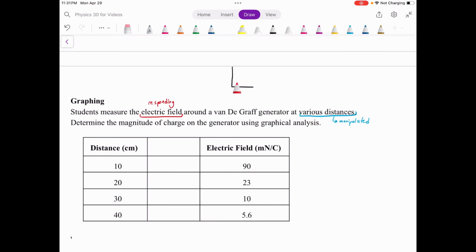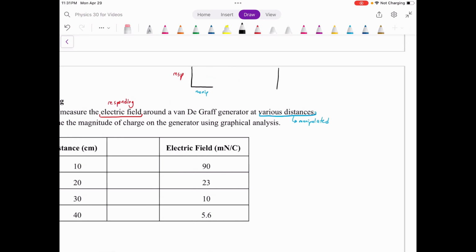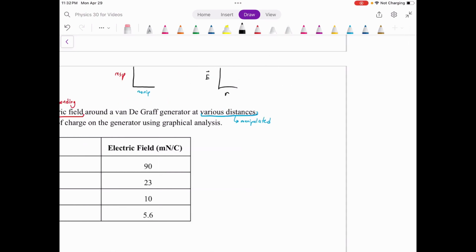Now we know when we're graphing, we should always put the responding variable, or something to do with it, on our y-axis, and we should always put the manipulated variable, or something to do with it, on the x-axis, right? But the problem here is if we make a graph that is just this, will we be able to do graphical analysis with it?